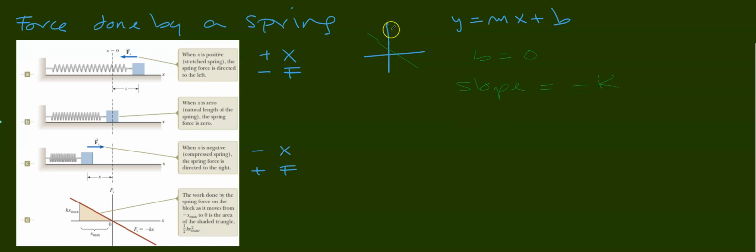The vertical axis is the force, so y is the force, and the horizontal axis is x. So we get the equation of this line, y equals mx plus b: force equals negative k x plus 0.